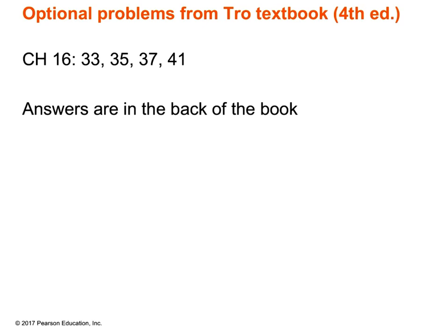They might have slightly different numbers, but all of the problems that are highlighted in blue have answers in the back of the textbook. If you do have the 4th edition, I recommend doing problems 33, 35, 37, and 41. These are very similar to problems we've already gone over, and they will provide some extra practice.